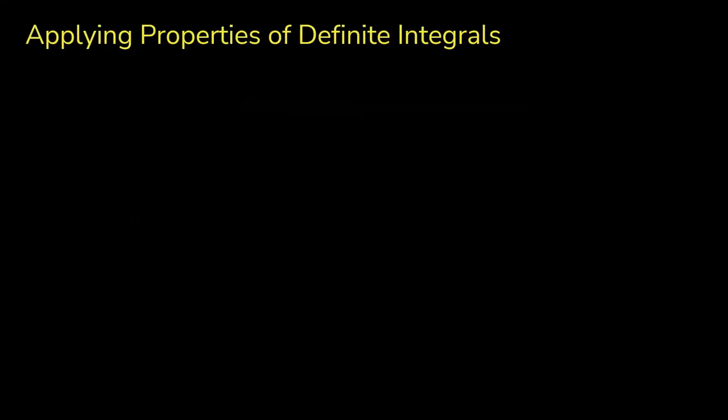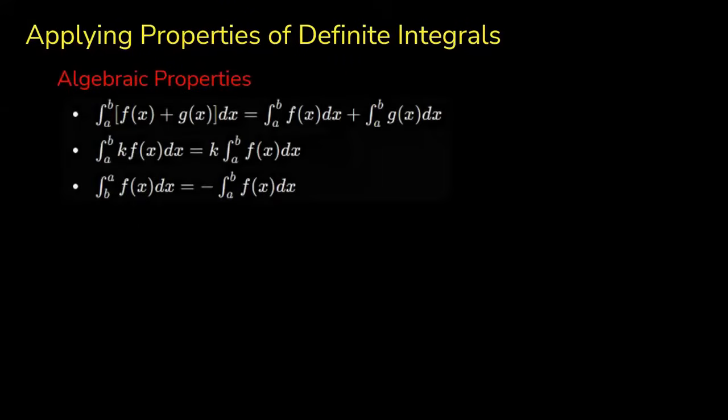Next, we want to talk about properties of definite integrals. Definite integrals follow algebraic rules. You need to know linearity. In other words, you can split up sums and differences of definite integrals, as well as integrals that are multiplied by a constant. Also, reversing the limits on the integral is going to change the sign of your answer.